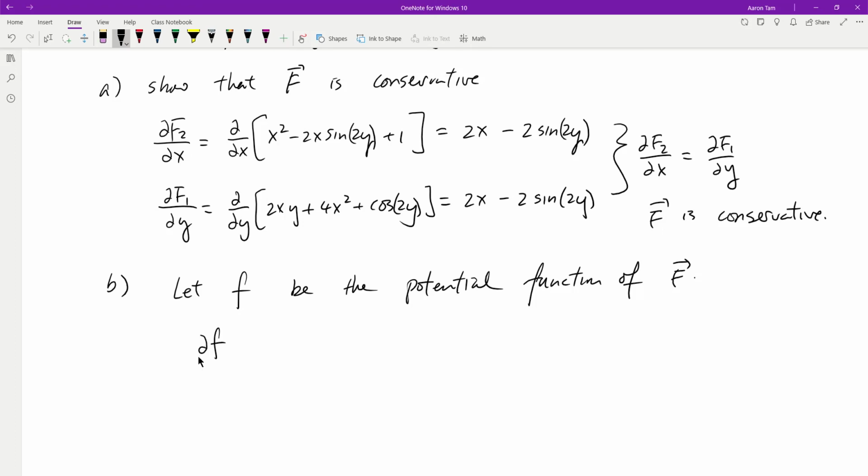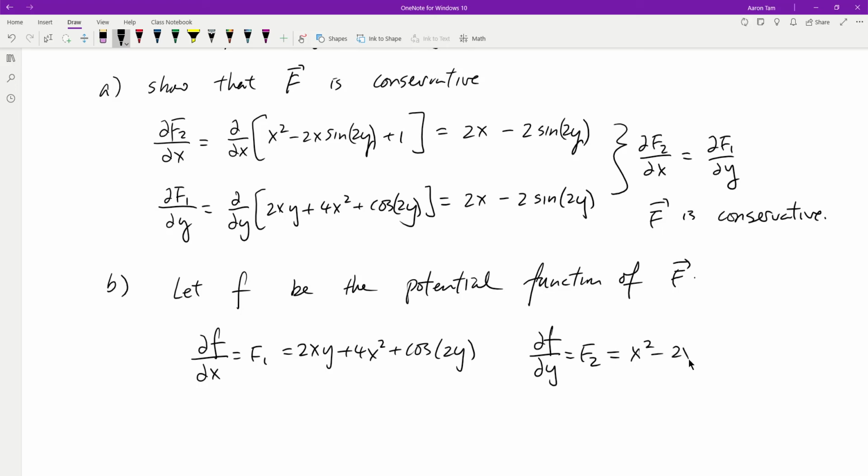So that implies that df over dx is equal to f1, which is 2xy plus 4x squared plus cosine 2y. And df over dy would equal f2, which is x squared minus 2x sine 2y plus 1.